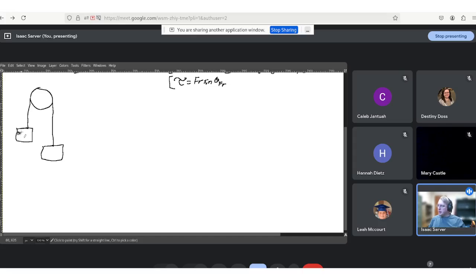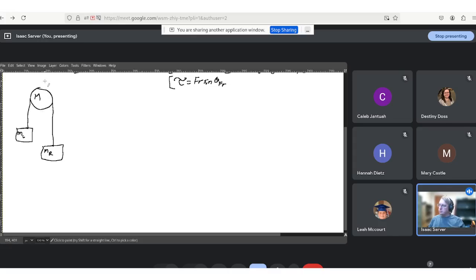we'll make this guy here M left, and we have an M right, and we'll give this guy a big old M. Let's make it not a disc. Let's make it a cylinder of sorts.